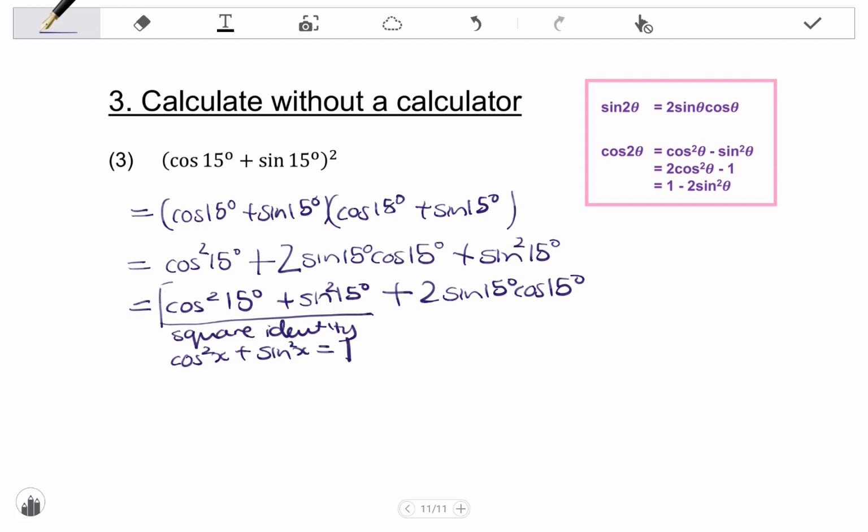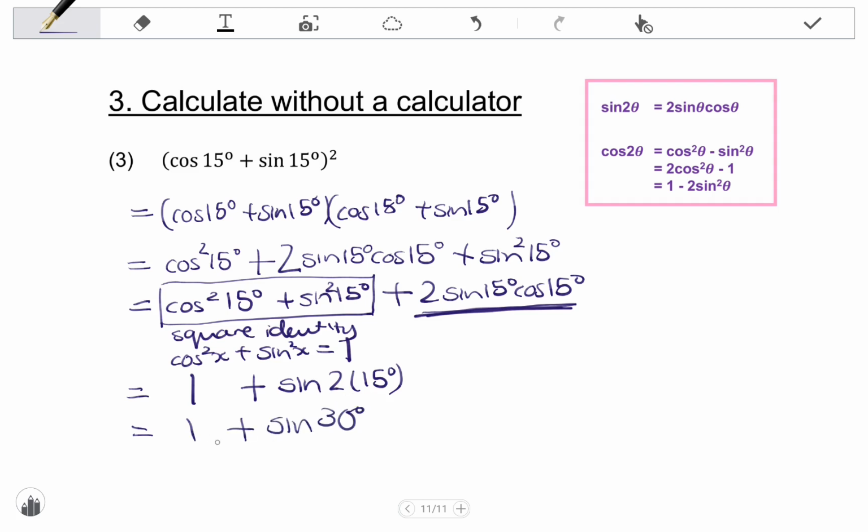So the value of this is 1. And what I have here in the last term is my sine double angle, which I can contract. So this is equal to 1 plus sine of 2 times the angle, which is 15 degrees. Now sine 2 times 15 is sine of 30 degrees, which is a special angle. Sine of 30 is a half, and this simplifies to 1.5 or 3/2.